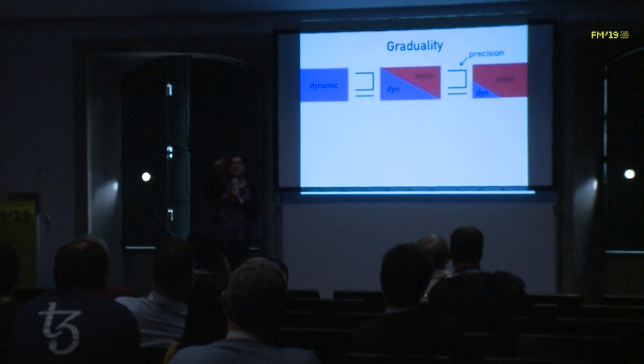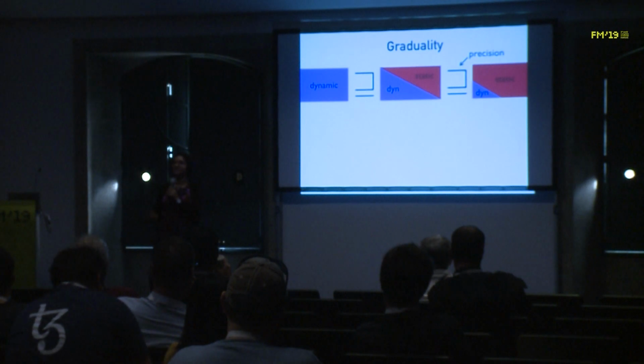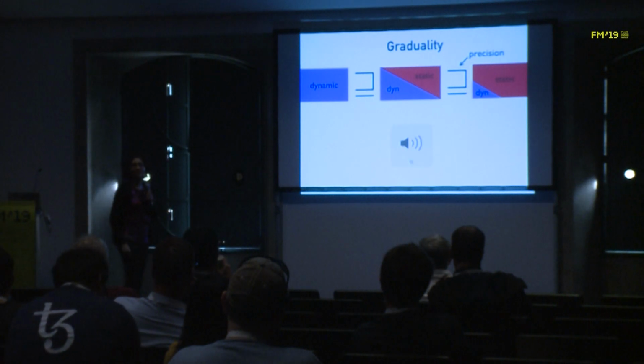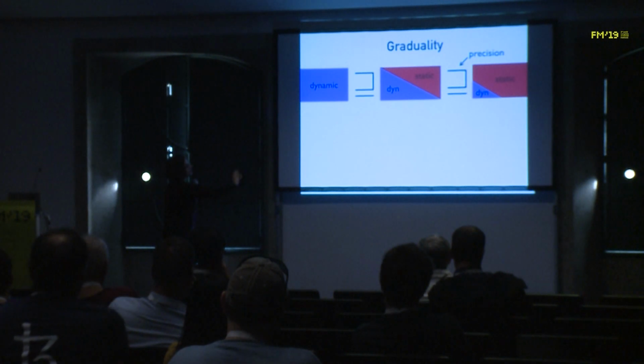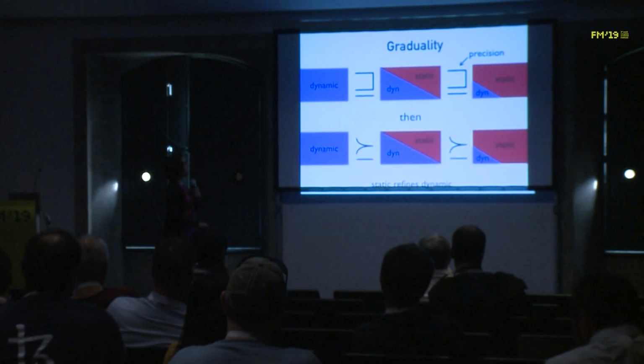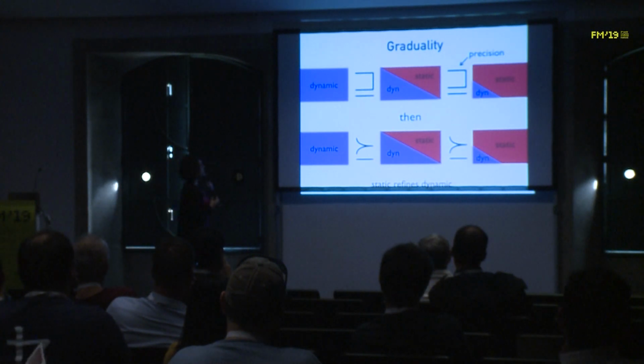So in certain places where you might have dynamic, you have later replaced that dynamic with a more precise type. So int is more precise than dynamic, for instance, or bool is more precise than dynamic, or a function is, etc.